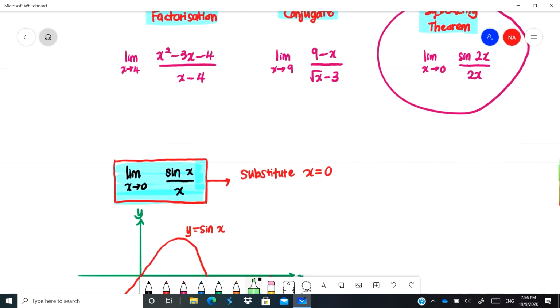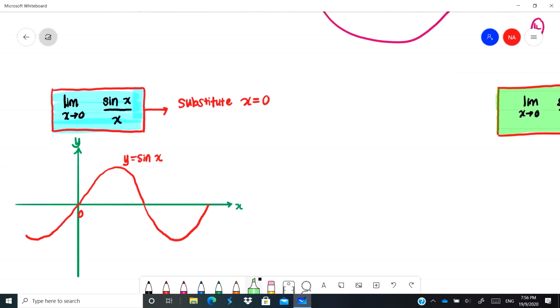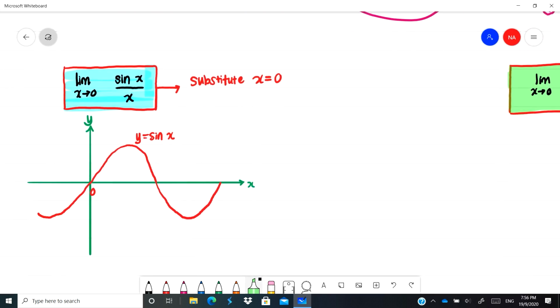The squeezing theorem comes from the problem of the limit as x approaches 0 of sin x over x. If we directly substitute x with 0, we get sin 0 over 0.